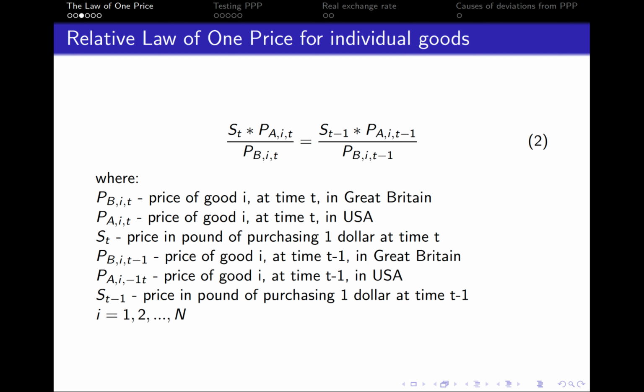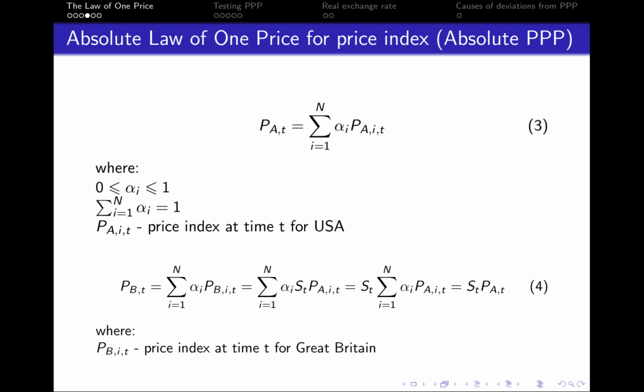Look, it's like when we calculate inflation in macroeconomics. Before we do so, we need to create a price index. And a price index is basically what stands behind the absolute law of one price. For now, for the price index, we're going to call it absolute PPP, purchasing power parity. Okay, so look, what do we have over here?